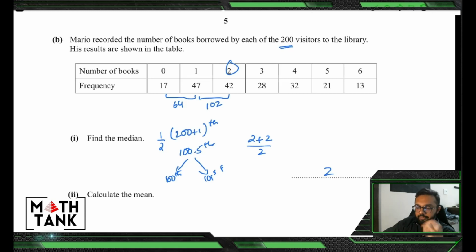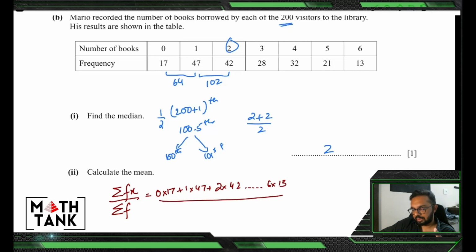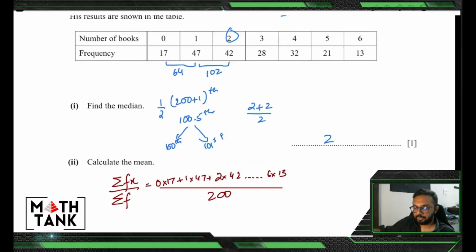Okay, so calculate the mean then. The mean is simple. It's again sum of fx over sum of f. In this case, I already have x, which is 0, 1, 2, 3, 4, and I have f as well, so I just need to multiply. On the exam, when it's not something like midpoints or anything, you can just put a few dots and show the examiner that you've understood the working.